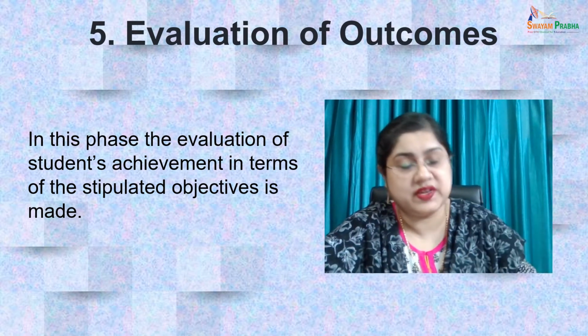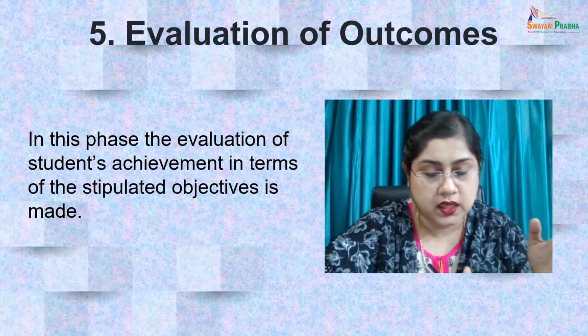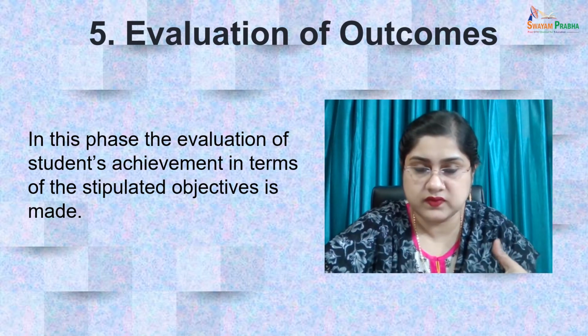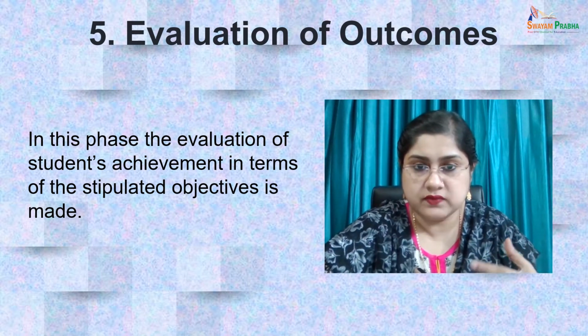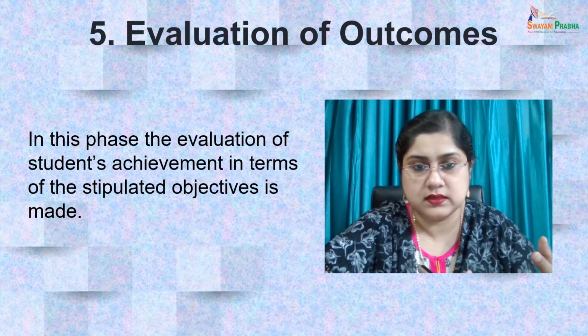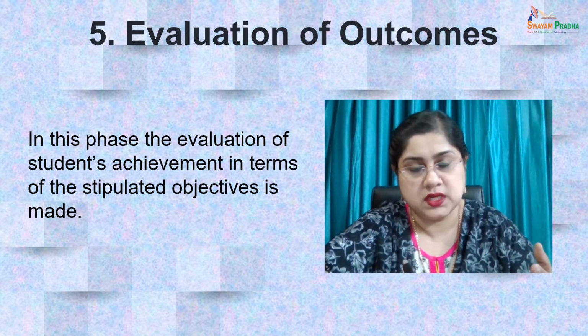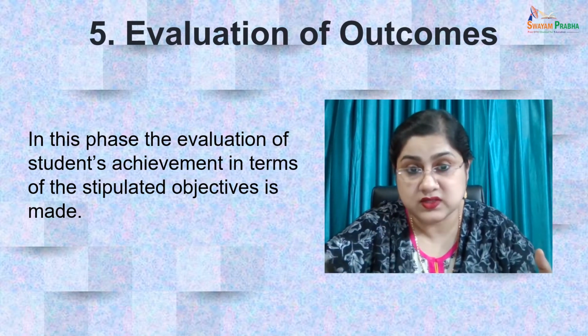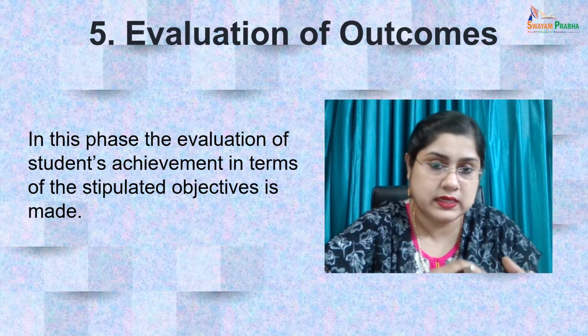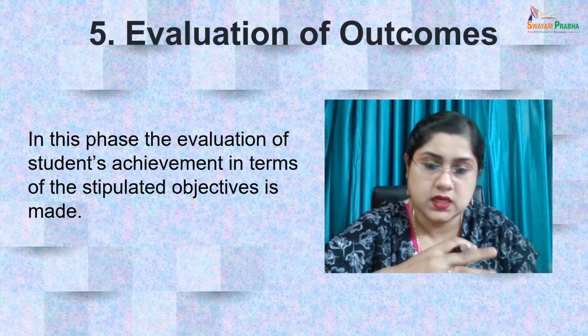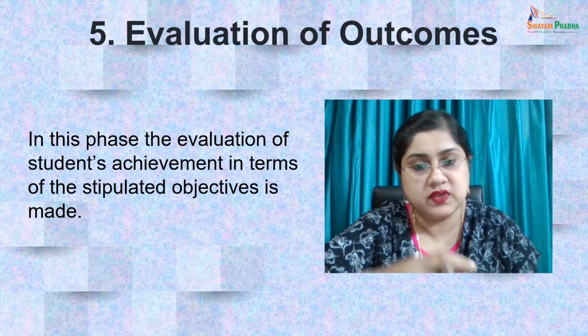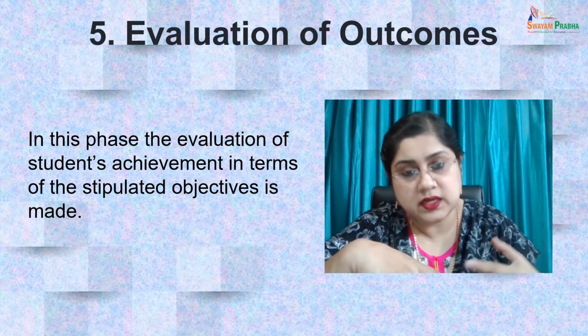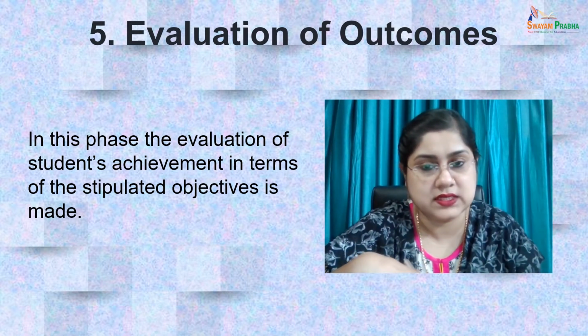So suppose we have taken a pre-test in the beginning, and then we have implemented the process of instruction, and we want to see what exactly is the level of output, what is the impact of the instruction on the level of students' understanding or attainment of knowledge. Then we can take a post-test and compare the results of the pre-test and the post-test.